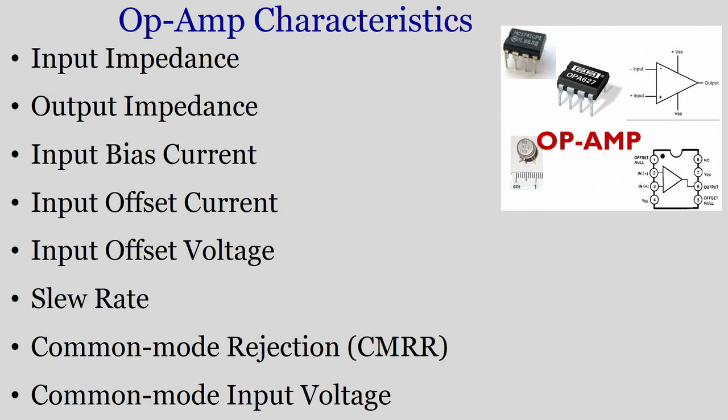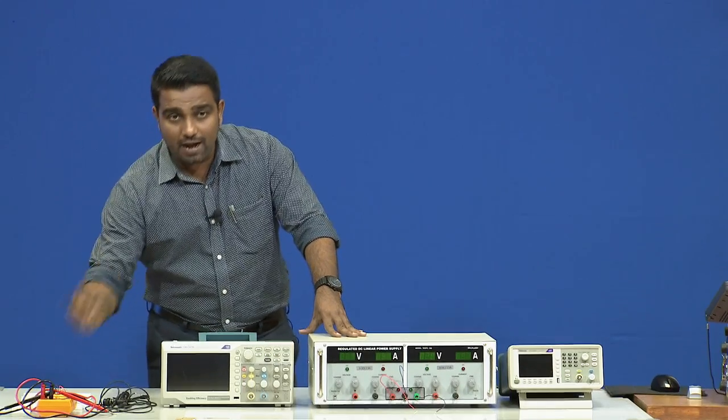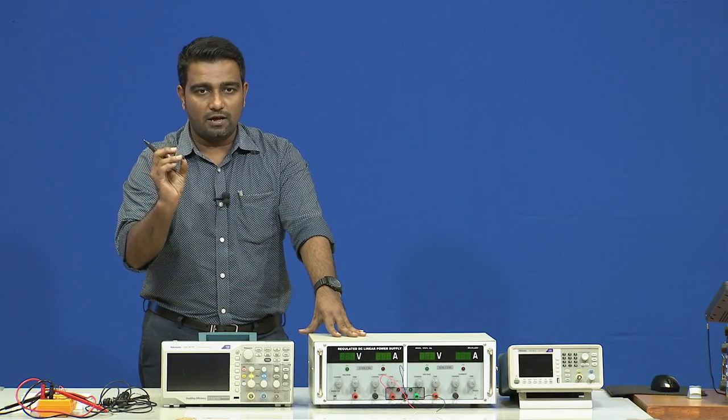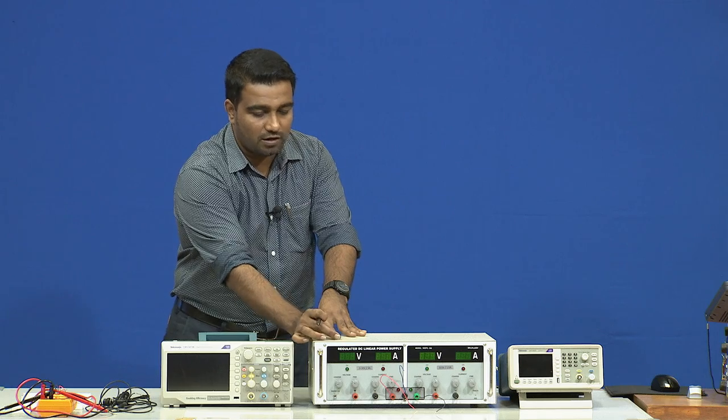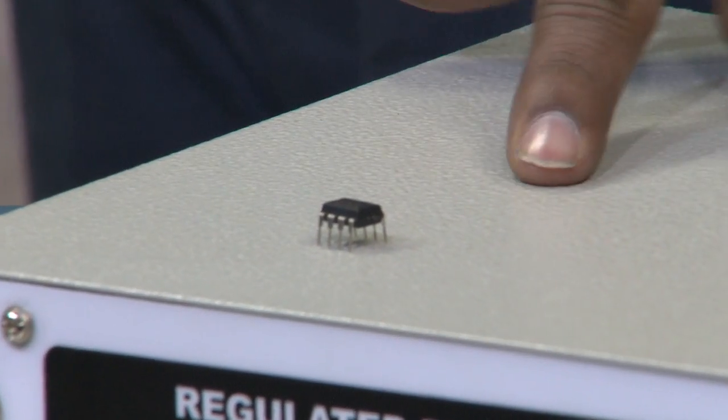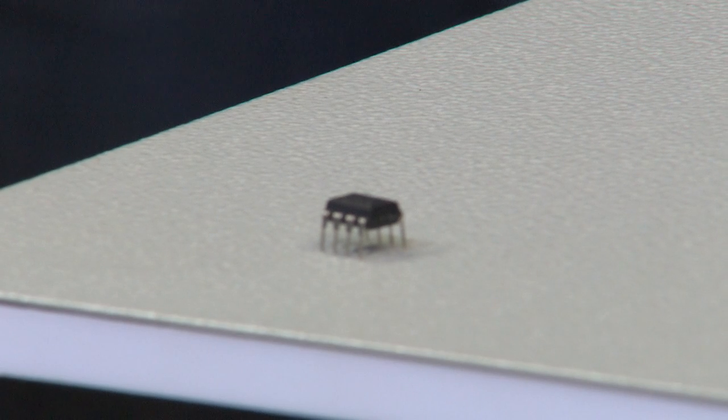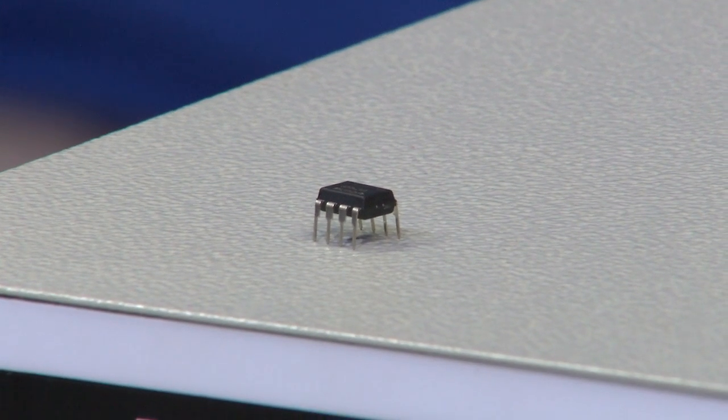The first one that we will be discussing is the input impedance. Input impedance would be extremely high in the case of an ideal operational amplifier, or you can say its input impedance is infinitely high. If you take a practical op amp, which is right in my hand here, that we have seen yesterday, or I can keep it here so that it can be focused easily, this one, we will see an extremely high input impedance.